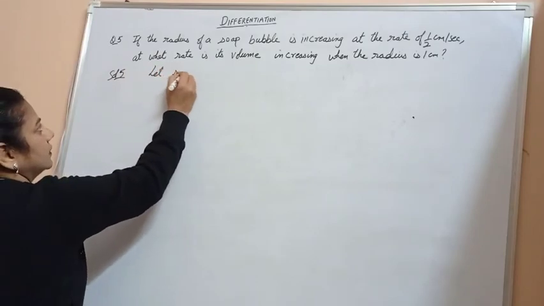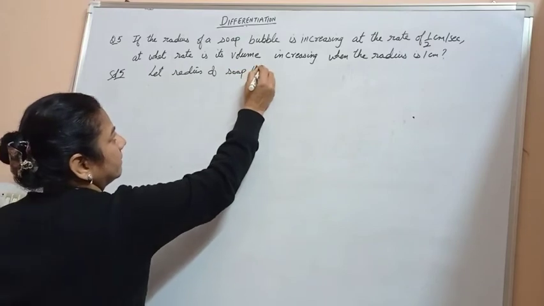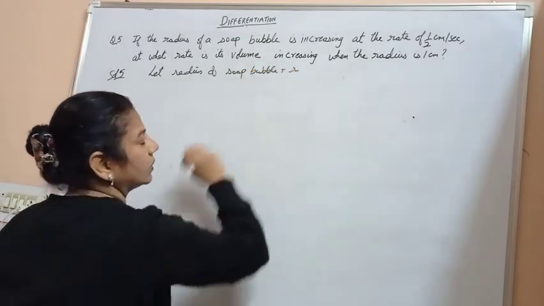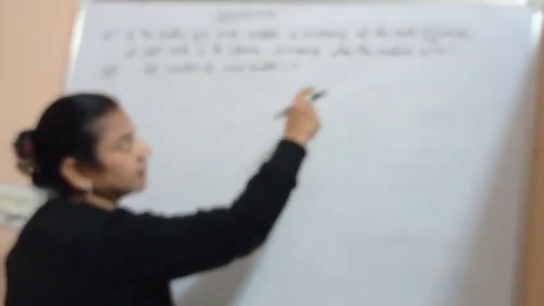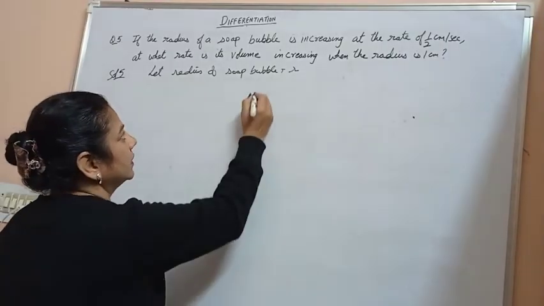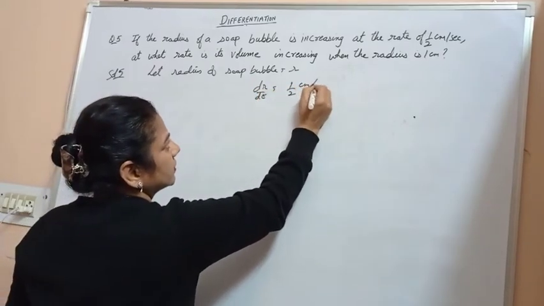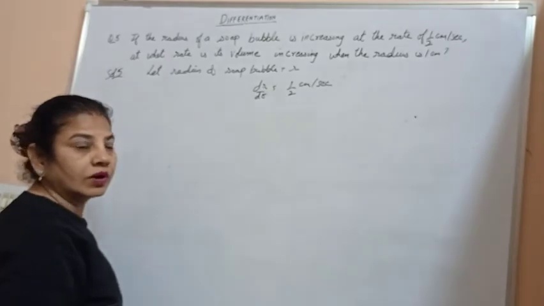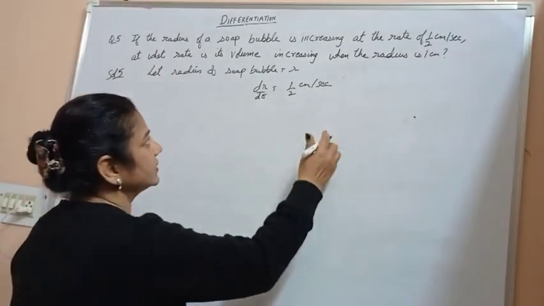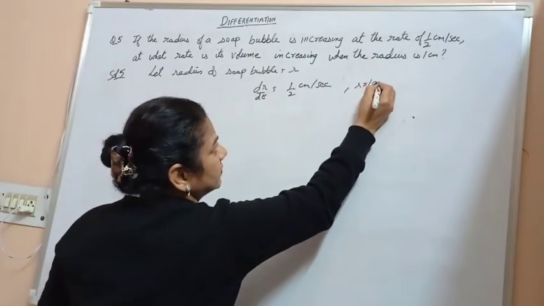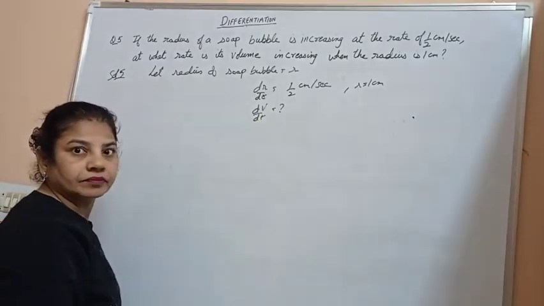The radius of bubble is increasing at the rate of half centimeter per second, so dr by dt is given as half centimeter per second. We have to calculate at what rate the volume increases when radius is 1 centimeter. Radius is 1 centimeter is given to us. We have to find dv by dt.